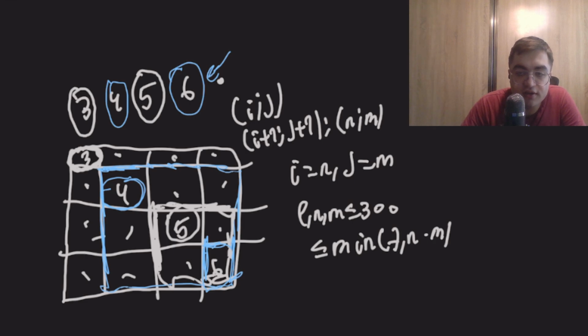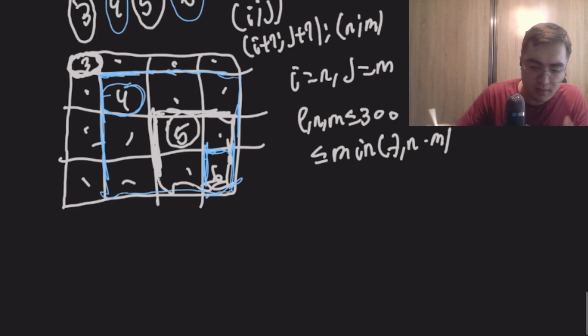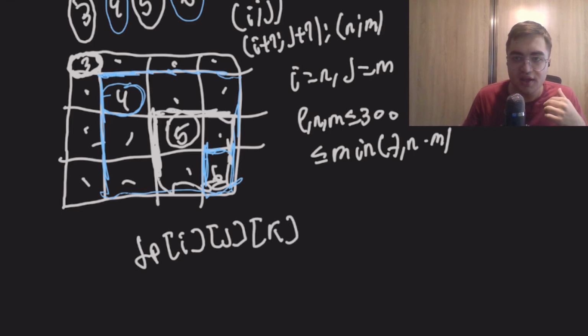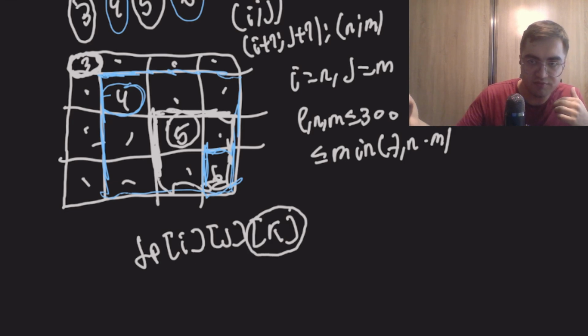Alright, now let's see how we can solve this. Well, E1 can actually be solved in a very simple way. Let's say dp i j k shows if the first player can win if the game was to start from the kth index of the array instead of the first, and we considered the submatrix starting at cell ij and ending at nm, right?